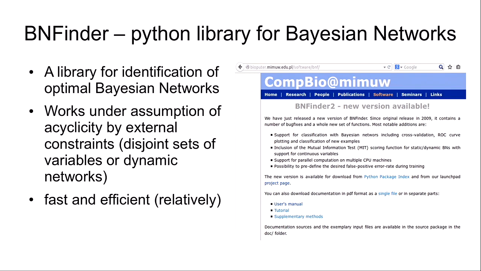So either it's a dynamic network, or you have some sort of constraint like in the mutation, protein and disease case. It's relatively fast, and it actually finds the optimal solution.